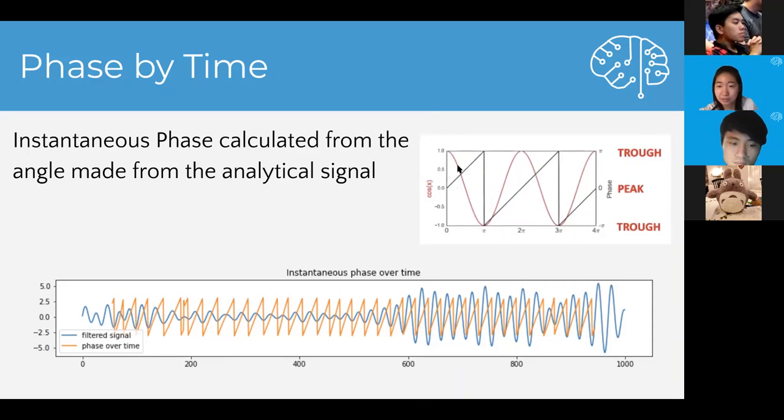And then when cosine is equal to -1, then the value swaps from pi to -pi.